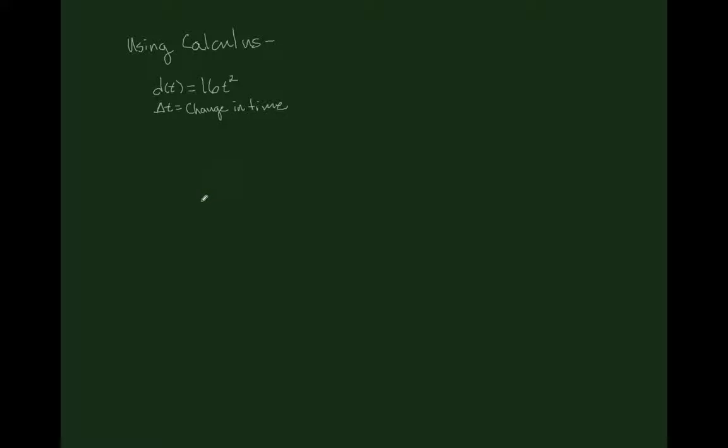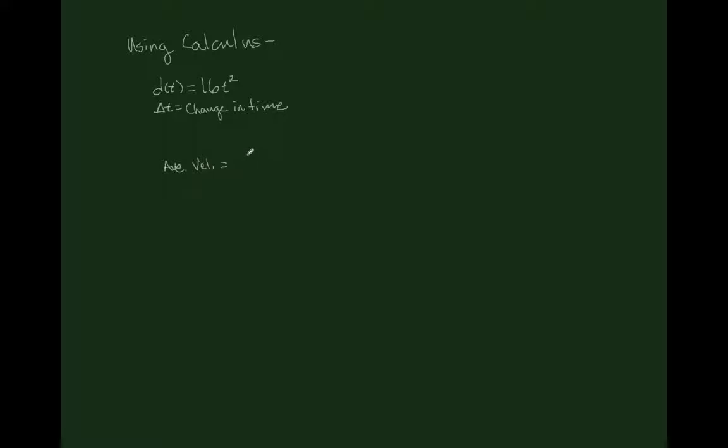And as we saw from the previous table, the average velocity would be the slope of one of the secant lines.